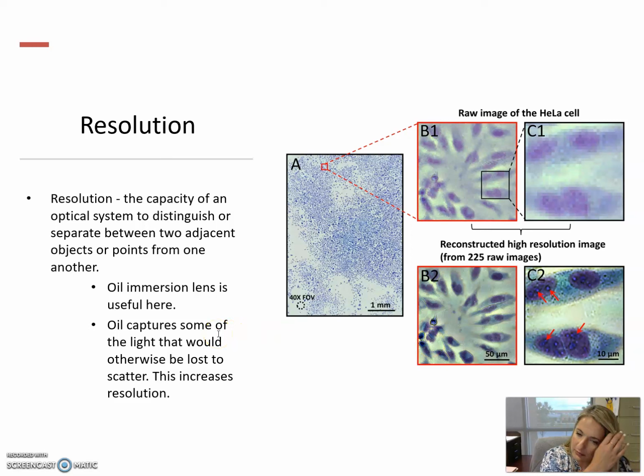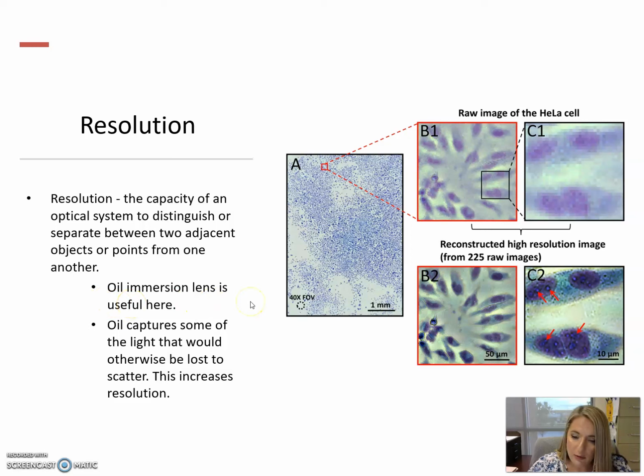How we achieve resolution in micro is by using the oil immersion lens and immersion oil. What immersion oil does is when you apply a drop of immersion oil to the slide, it collects extra light and then shines that light directly through the specimen, which allows it to illuminate the image in an enhanced manner.